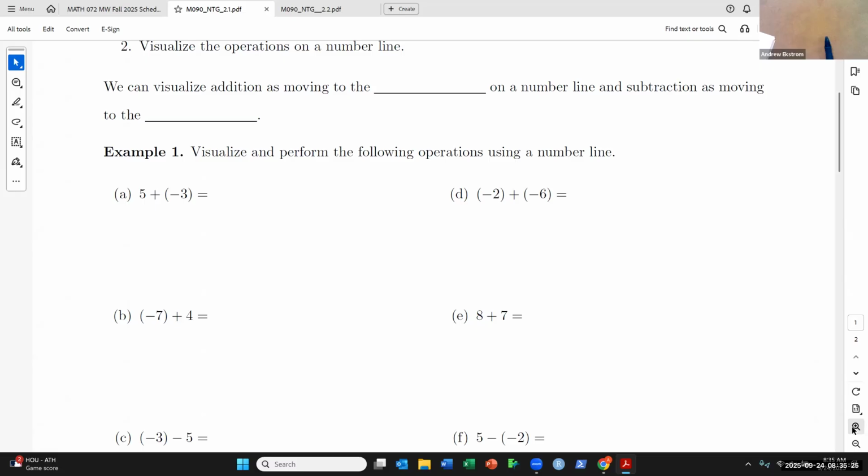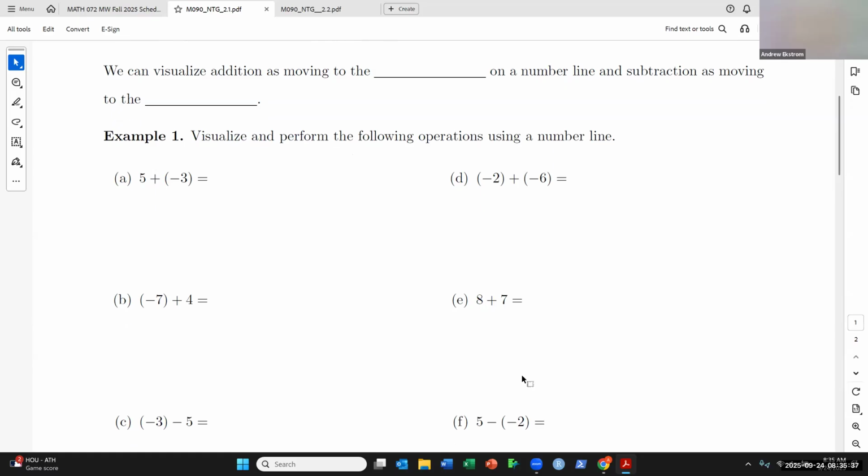So if we look at just the types of problems that are on here, you can see negative value minus a negative, negative or positive minus a negative value, negative plus a negative.